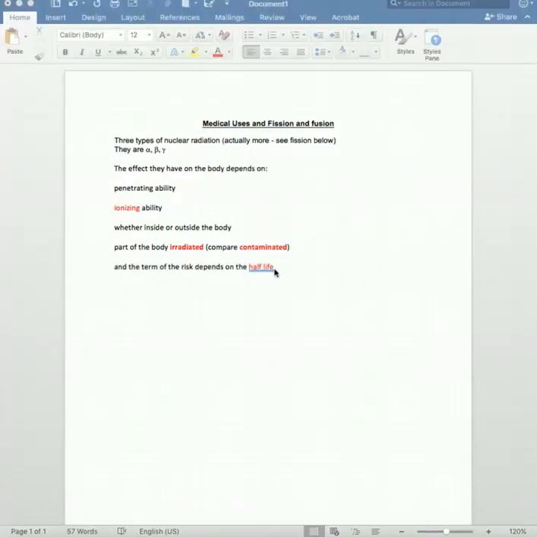So we have to consider the half-life in our medical uses, and the half-life we choose depends on the nature of the application. So, for example, one of the things that we can use radioisotopes for in the body is as a tracer. What we're doing here is checking the uptake of certain substances by the body, things the body needs.